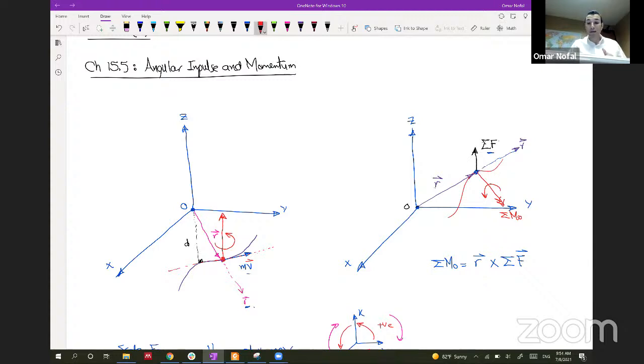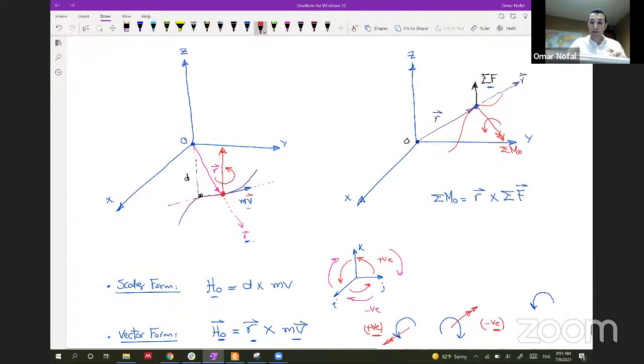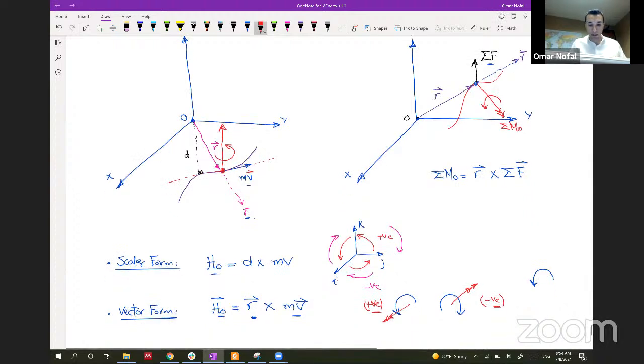So let's find how we can relate the moment about O and H_O for a particle.